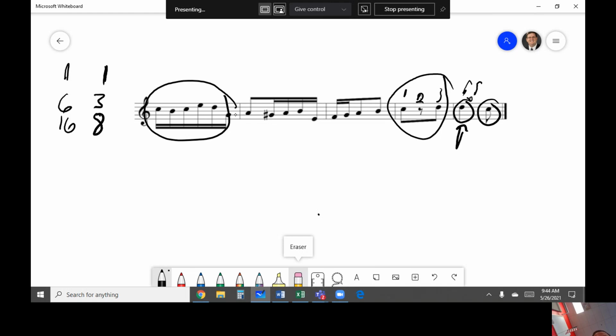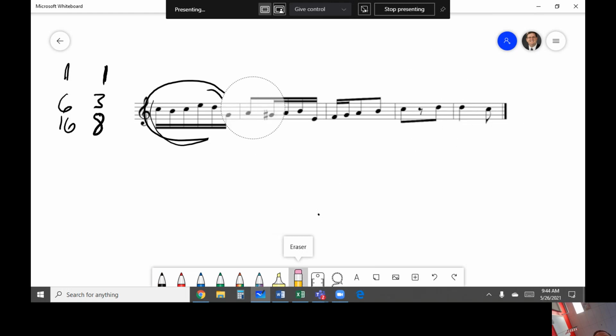I looked at the measure that had the quickest duration or the measure that had the fastest duration. Now, if you've grown up playing in band or orchestra, then you probably know that 3/8 is a more common time signature than 6/16. And so you're probably going to say the better answer is 3/8. And I would agree with you on that.